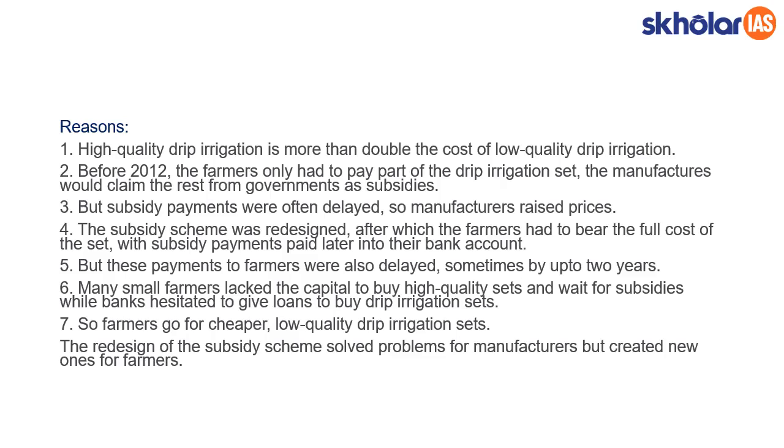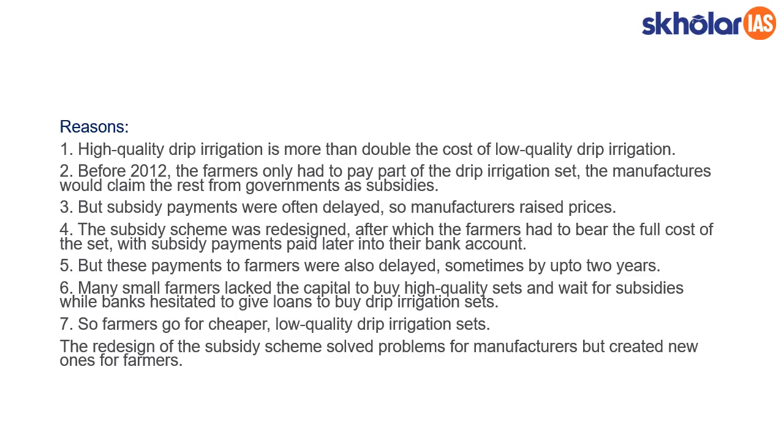As a result, the companies either raised the prices or started investing less in the drip irrigation systems. As a result, the overall price of the drip irrigation system has increased. This has led farmers to take the cheap variety of drip irrigation system. So to rectify this issue, the government started providing subsidy directly into the farmer's bank account to buy the drip irrigation system, that is, a good quality drip irrigation system.